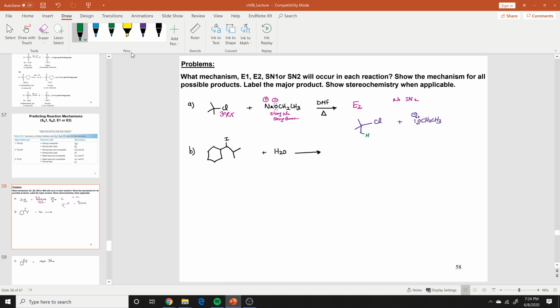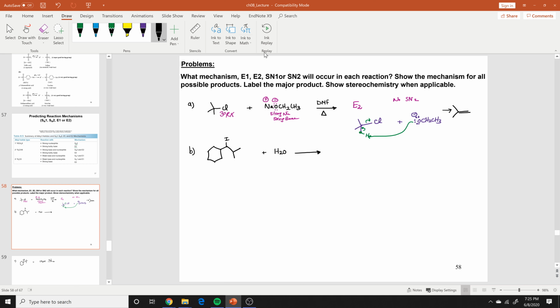I do have only one type of beta hydrogen. All of these beta hydrogens are the same. So my base is going to come, take the beta hydrogen, form a double bond, and the chlorine is going to leave. So I am going to end up getting my E2 product, and the E2 product is going to look like this. That is going to be the only E2 product in the reaction.